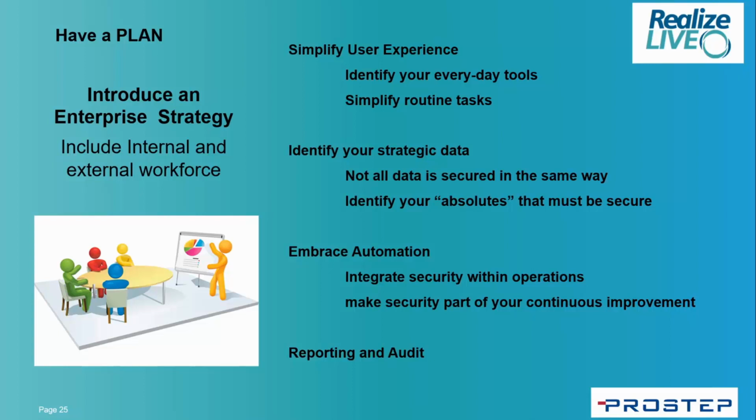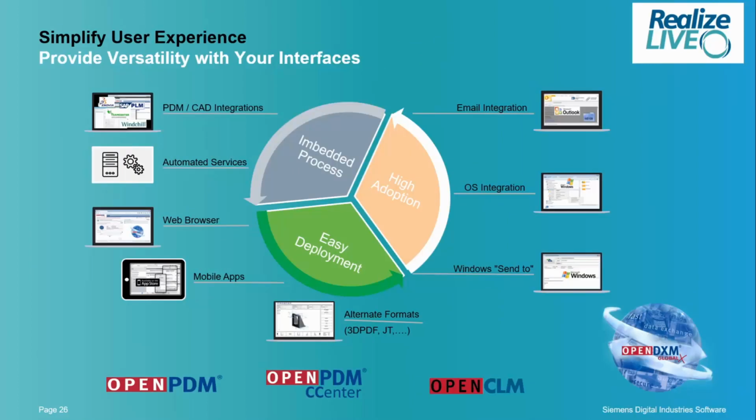The whole idea of embracing automation is what could we make happen underneath the covers that enhances the user experience without requiring more key access or keystrokes. And then you want to be able to report and audit what you're building, so that now you can refine your processes and always continue continuous improvement.